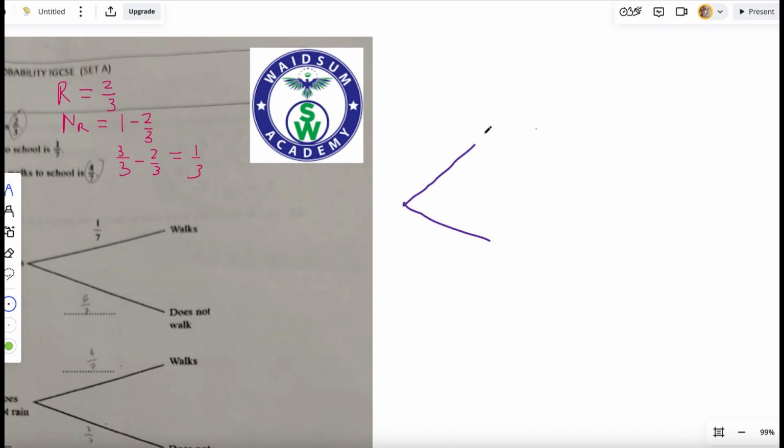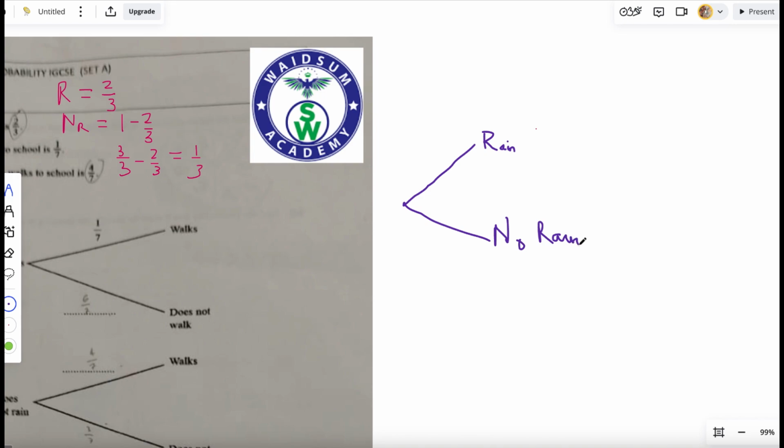Here will be rain. You write rain here, and you may use R as rain. Here will be no rain.